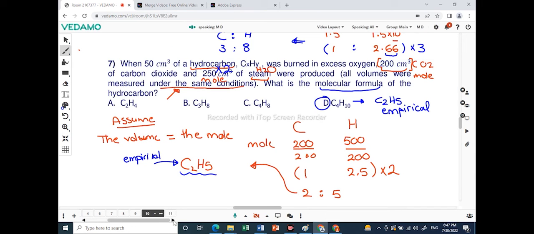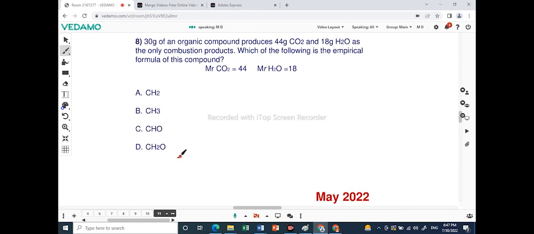For our lesson today, I'm going to end with this question, which is a very new question taken from May 2022. Inside this question, I have 30 grams of an organic compound that produces 44 grams of carbon dioxide and 18 grams of H2O as the only combustion products.